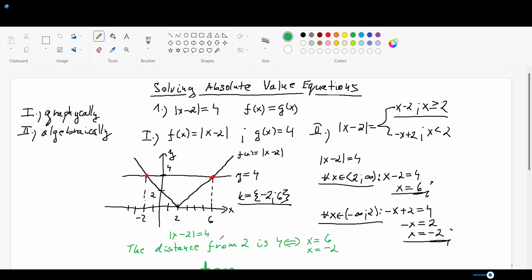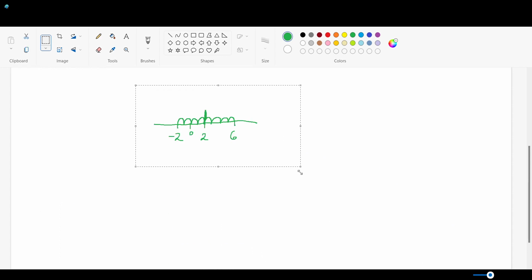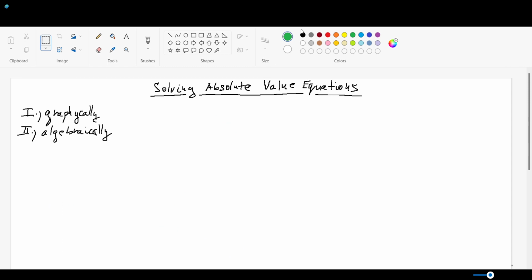Okay? Now let me do one more simple example, but this time I'm not going to sketch the graph and I'm not going to calculate anything algebraically. I'll just ask you, and you can answer the question on your own.